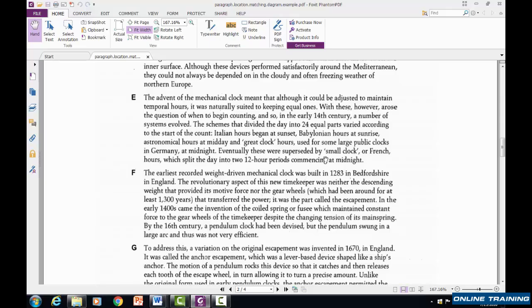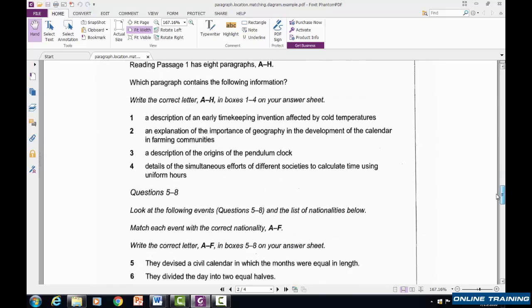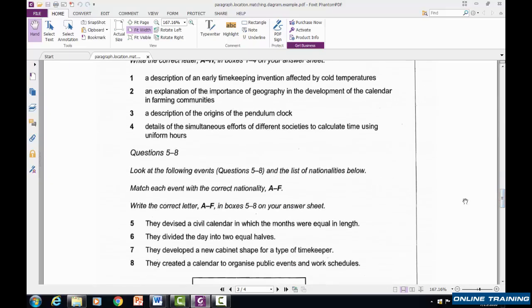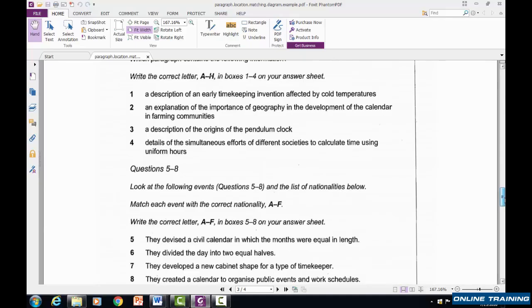So uniform hours, right? 24 equal parts. So we know that information comes from paragraph E. So by doing the matching question first, and then doing the paragraph location questions after, you can get a really good idea for maybe where one or two of them are located. And that's why I say don't do it first.